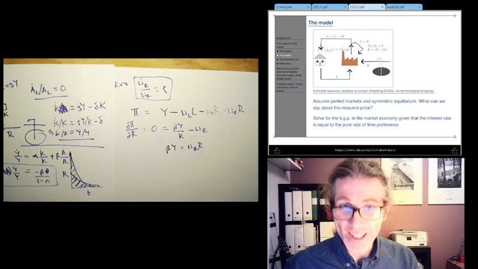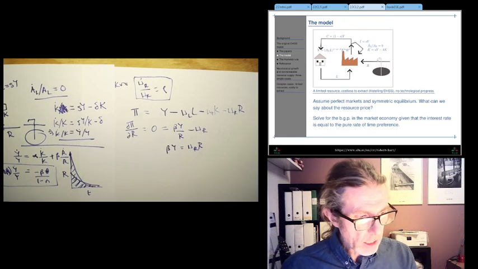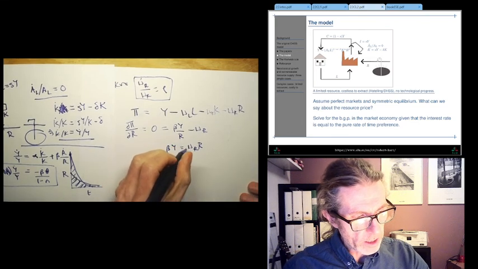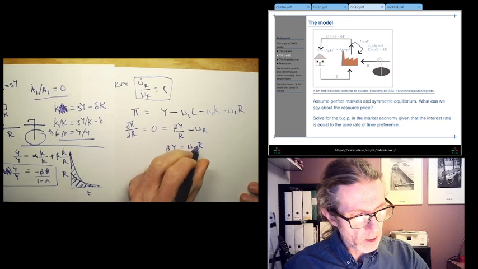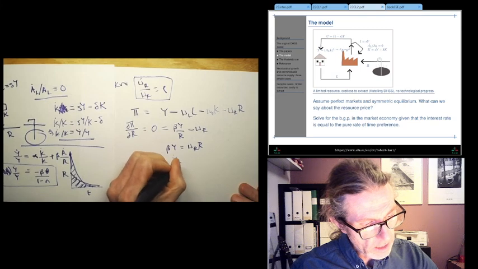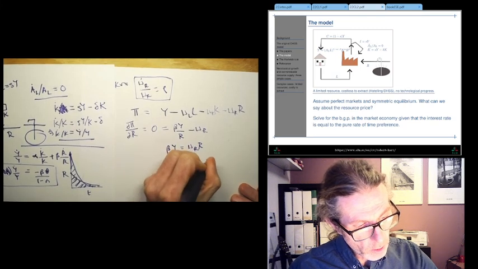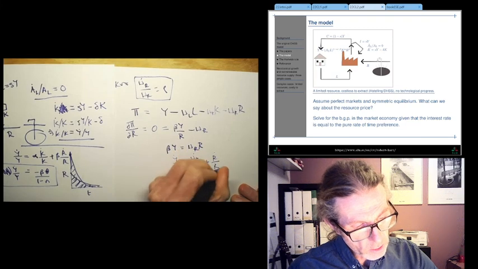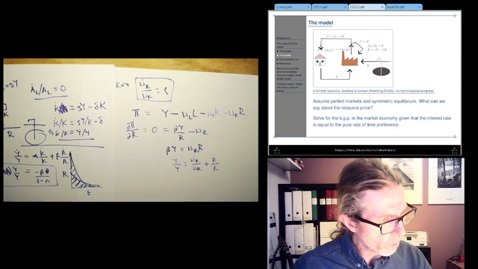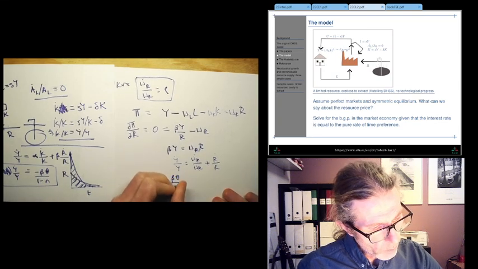Now, we differentiate through with respect to time, and we get beta dot over beta plus y dot over y equals W_R dot over W_R plus R dot over R. Beta is just a constant, so that tells us that y dot over y is W_R dot over W_R plus R dot over R. But we know y dot over y, that's minus beta theta over 1 minus alpha.